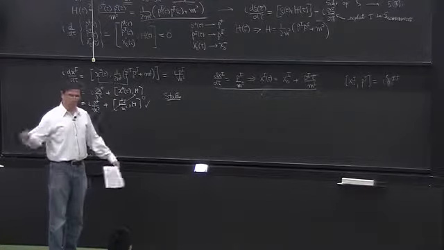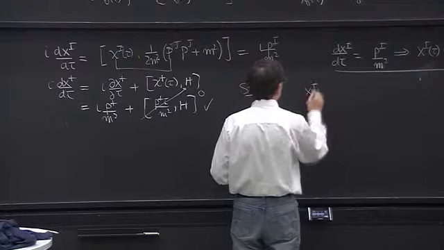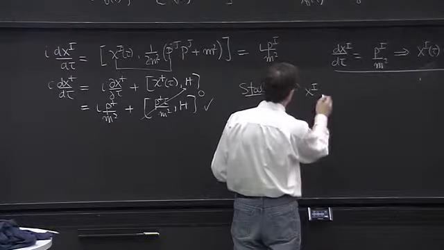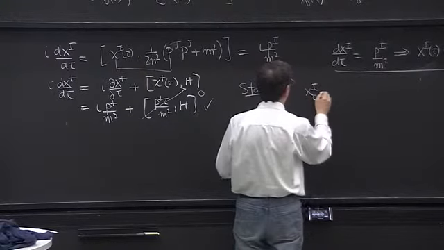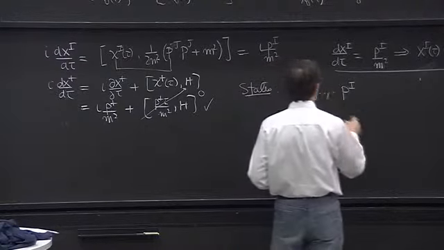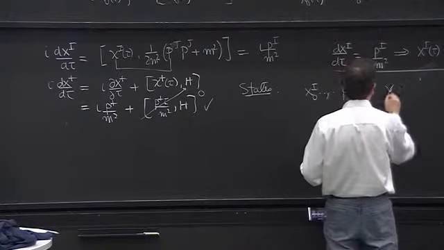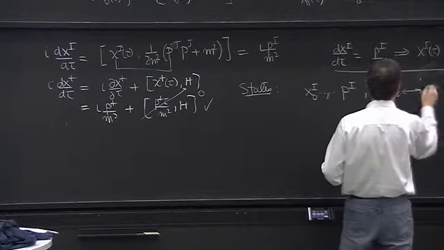You have a Hamiltonian, and what did you have at the end? You have canonical variables, x operators, x0, xi, say, with pi, a pair of operators that don't commute, and x0 minus and p plus.